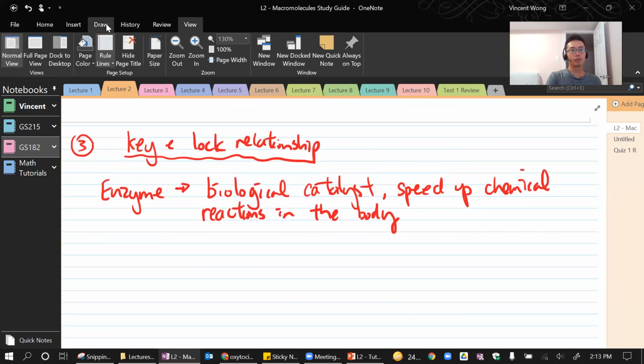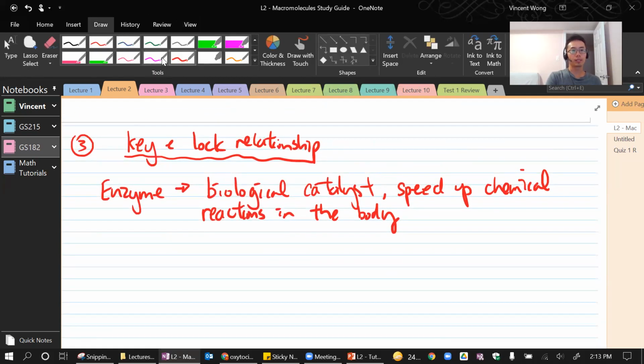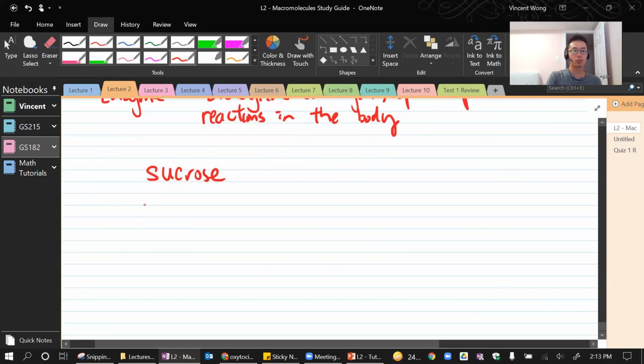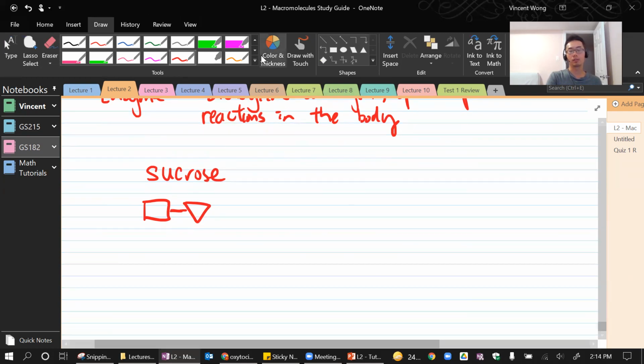Now, earlier we talked about sucrose, right? Sucrose. What is sucrose? Well, sucrose is actually glucose, which I'll represent with a square, connected to a fructose, which I'll represent with a triangle.